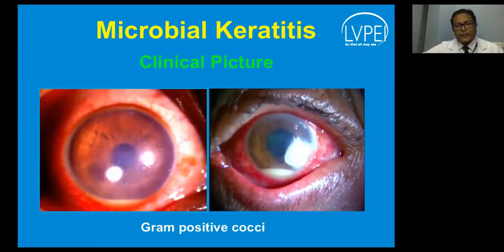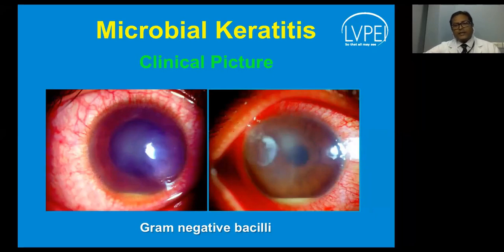Gram-positive bacteria typically are very well demarcated lesions. They are localized, the margins are very well defined, and they also tend to progress in a short duration and also tend to respond quite quickly. In addition, the gram-negative bacteria tend to cause a lot of melting of the cornea, and there may be quick, rapid deterioration of the clinical picture, which leads to large perforation of the cornea, which may need a therapeutic penetrating keratoplasty.